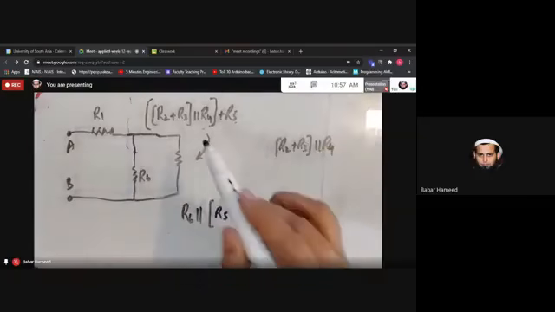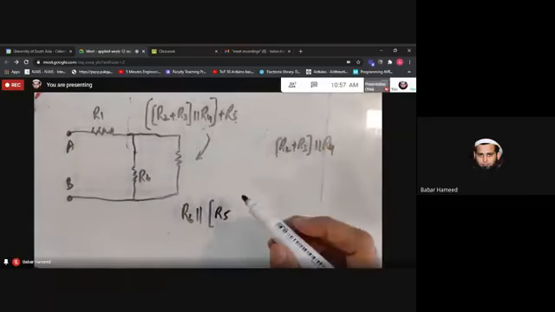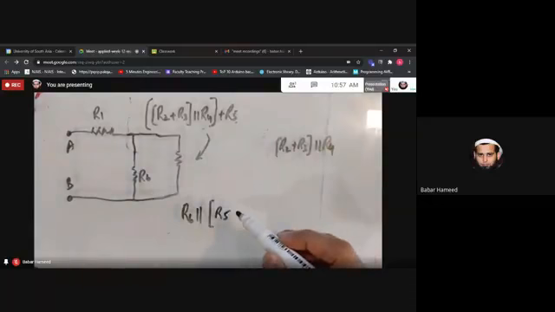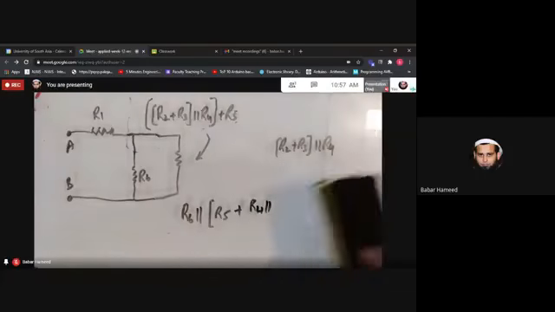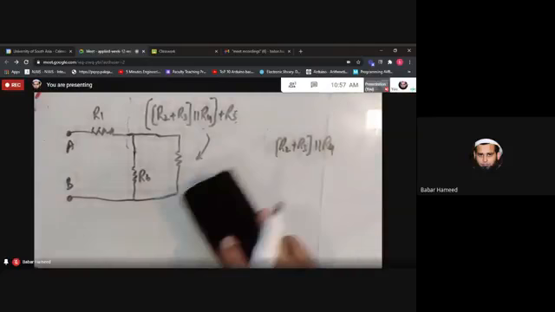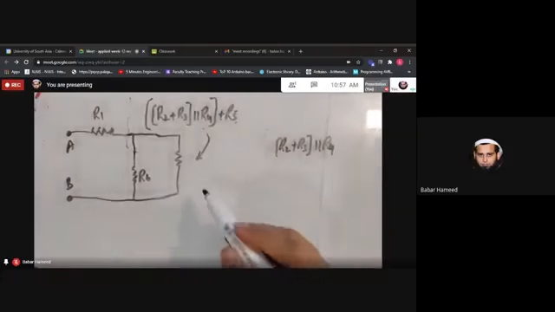I place R5 to the left plus R4 parallel with, or I can simply write it in the same way you are watching here to avoid confusion.